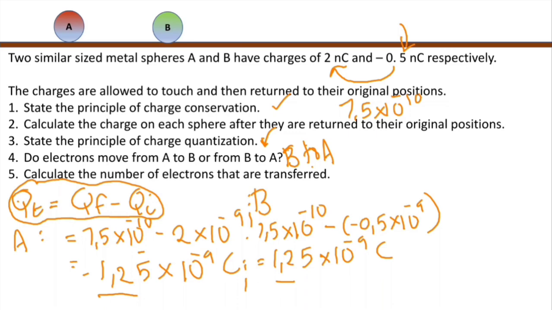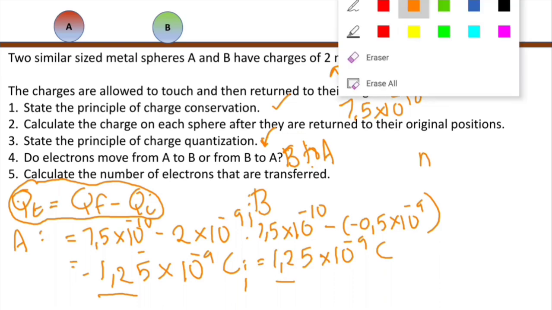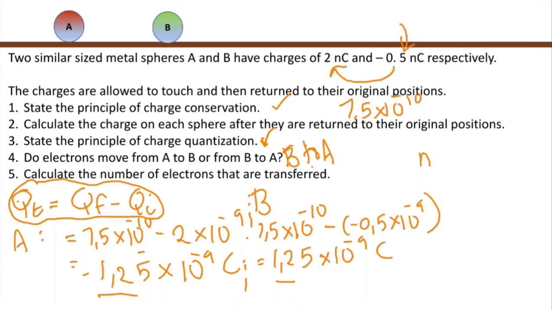Now, once I know the charge that is transferred, I can calculate the number of electrons transferred. In this case, the number of electrons transferred is going to be the charge transferred over the electronic charge.